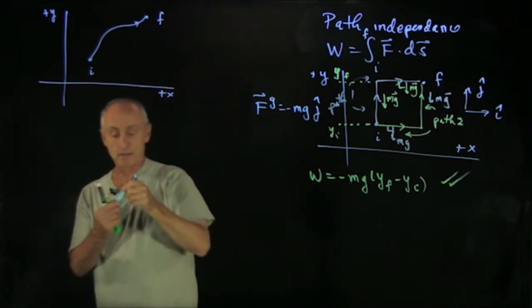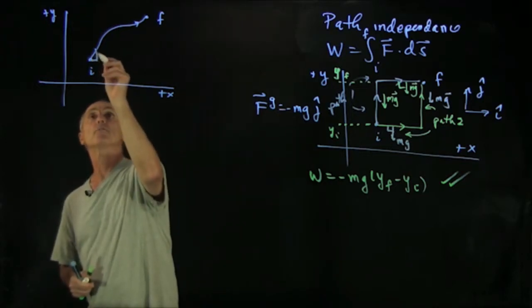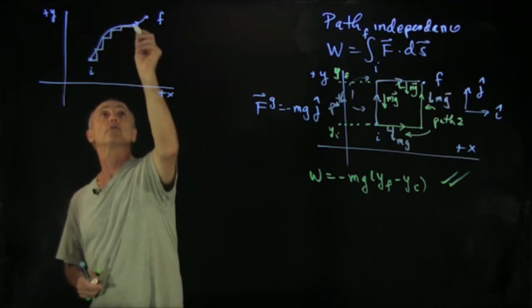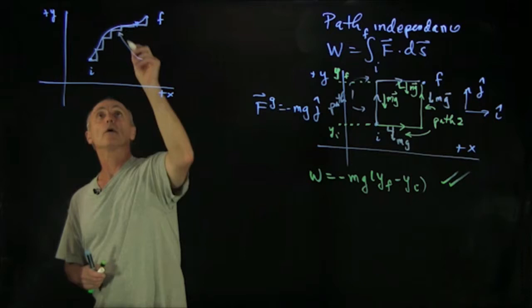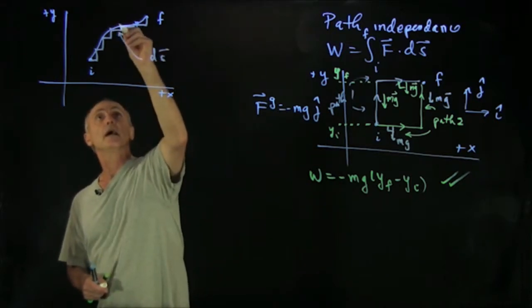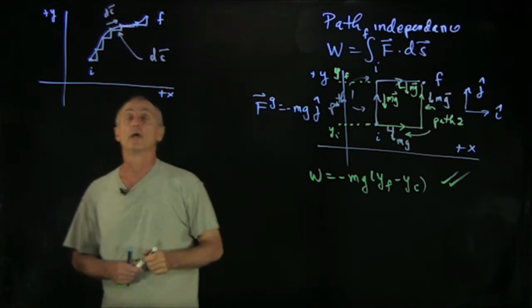On this path, what we want to do is break it down into horizontal and vertical pieces: horizontal, vertical, horizontal, vertical, and so on. And let's focus on one of these pieces, which has a displacement ds going from one point to another.